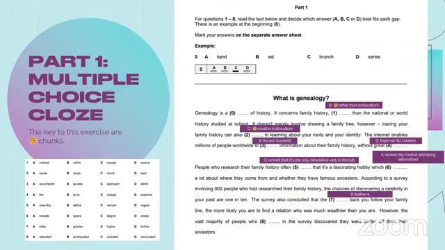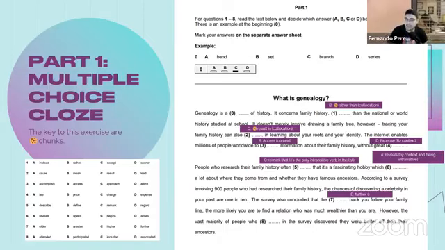So the more that you investigate or look for information, it increases the probability to find a relation who was much wealthier than you are. I totally agree with you.